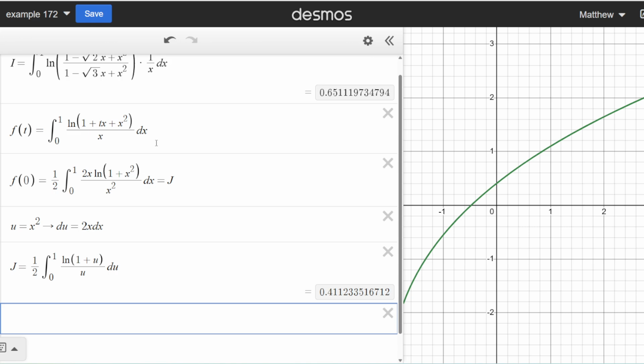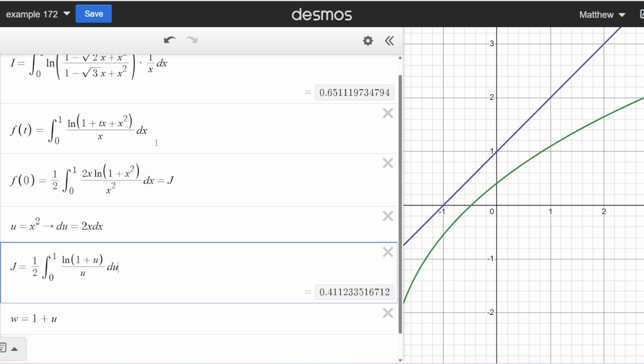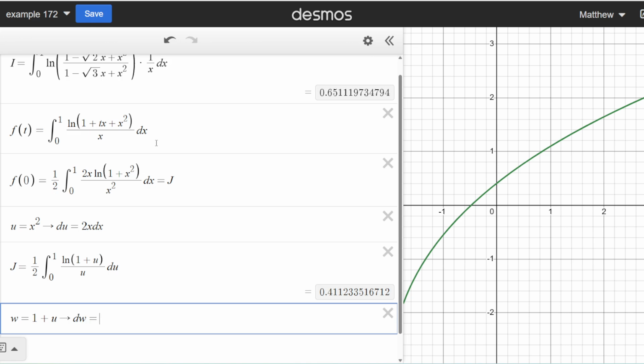I think what we'll do again is just let some w equal 1 plus u. So dw equals du.